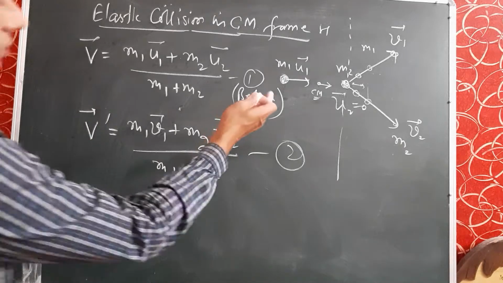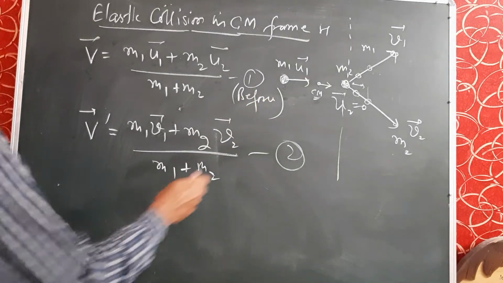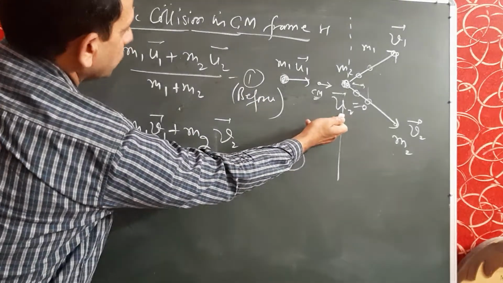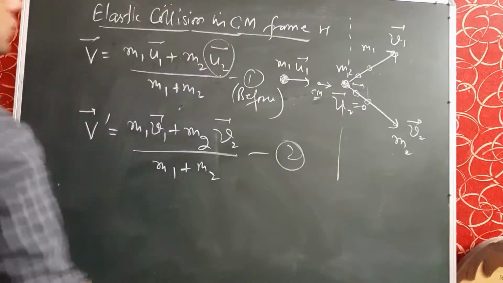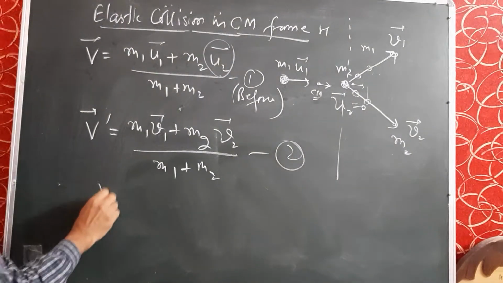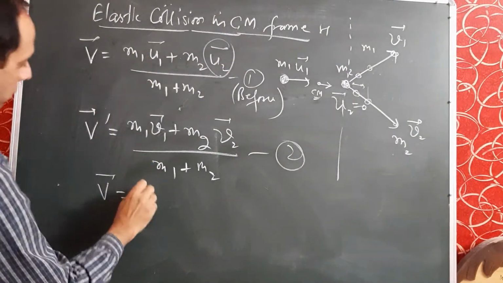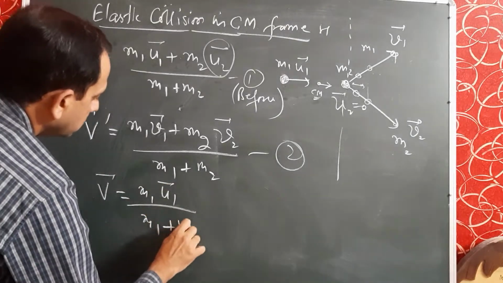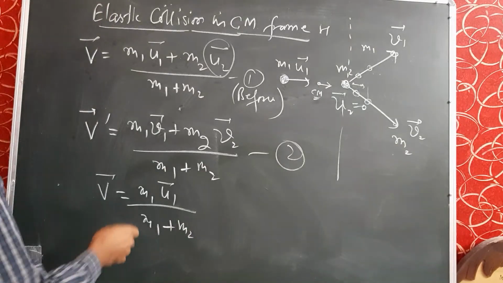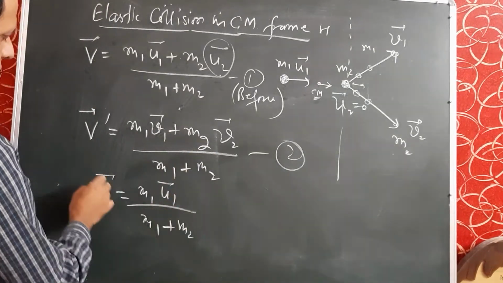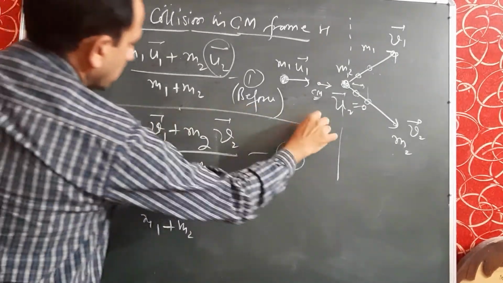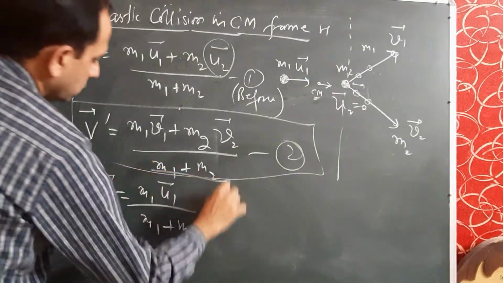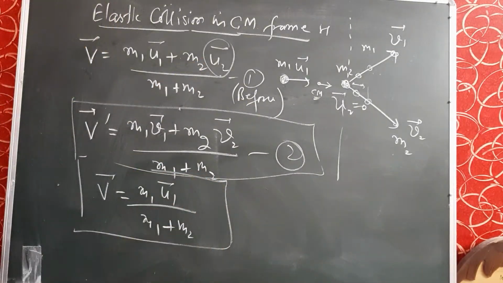As from the diagram, the second particle is at rest before collision, that is u2 is 0. So V becomes m1 u1 over m1 plus m2, and the second remains the same. This is the second equation, and the first equation is this, because u2 is 0.